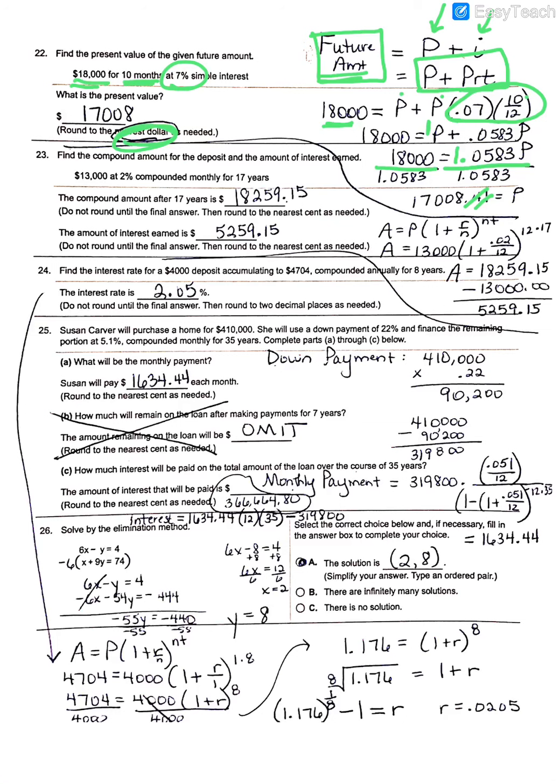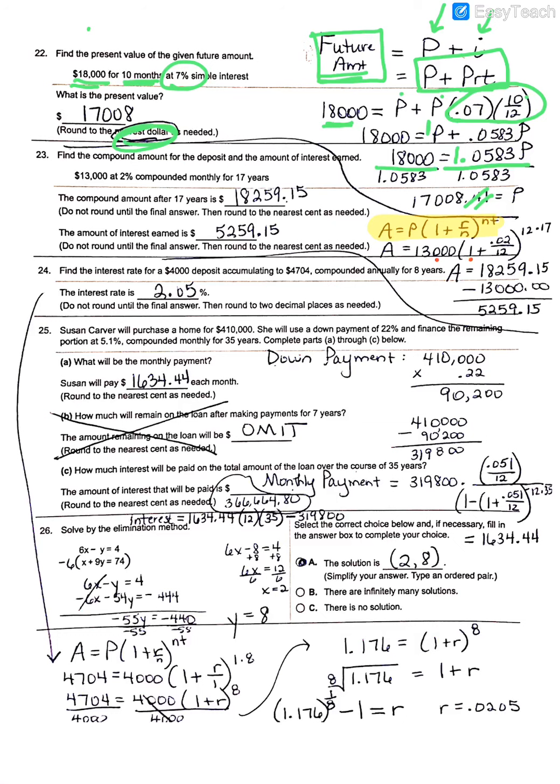On 23, now we're looking at compound interest. So when we're talking about compound interest, we're using a different formula. So this is my formula for compound interest. And so in this case, it said that I invested $13,000. So I'm plugging that in for my p-value here.